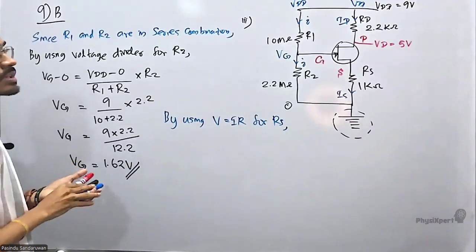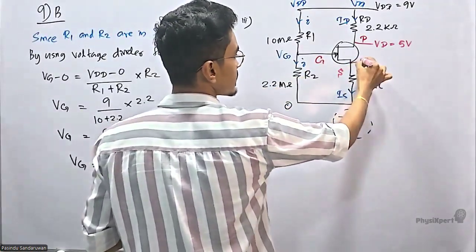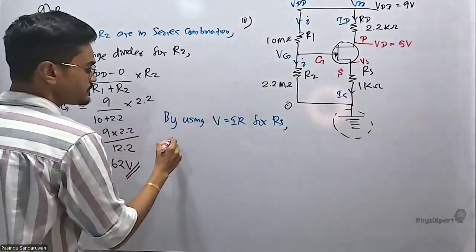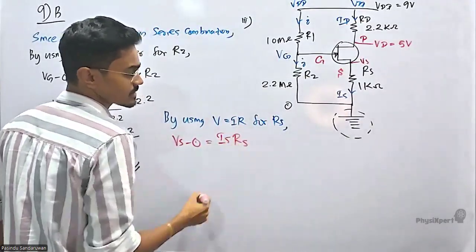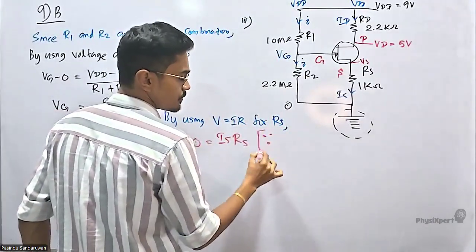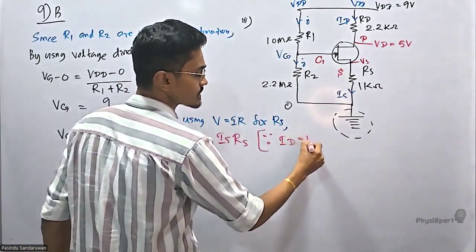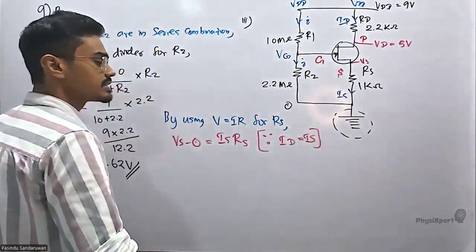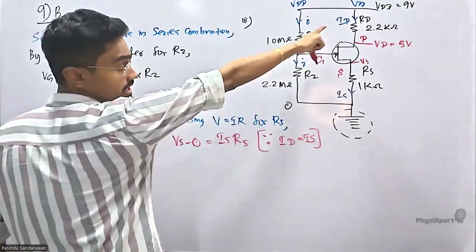So the potential difference: if this is S, this is Vs. Vs minus 0 equals Is Rs. But we know for a unipolar transistor FET, always ID equals Is. So Is is known, ID is known.